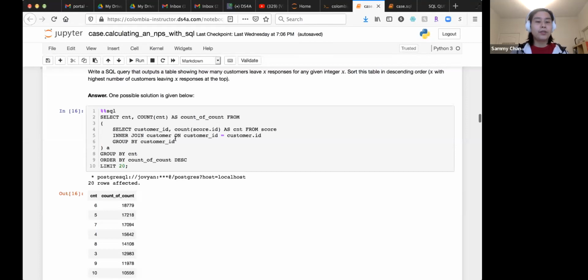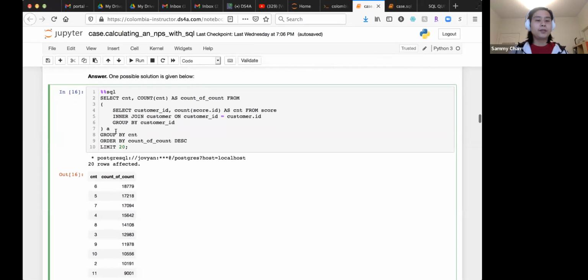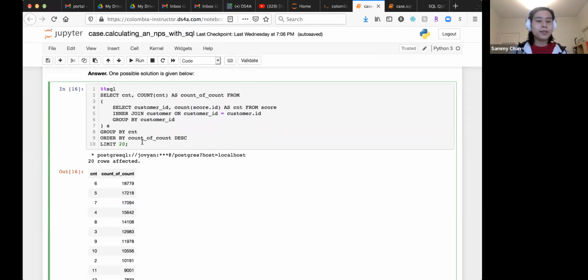Of course, we reference the linkage of the two tables by saying customer ID equals score.customer_ID, group by the customer ID, and then do the typical group by and order by that we want.